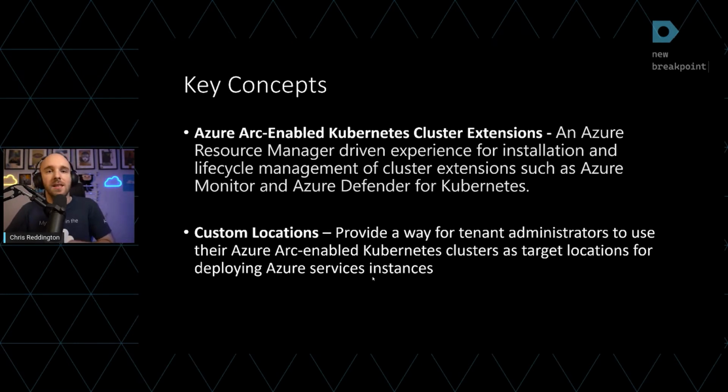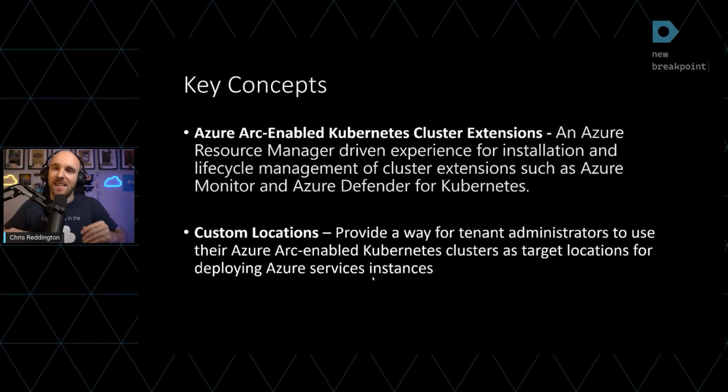That might be things like Azure Monitor, Azure Defender for Kubernetes, or the application services that we're going to be talking about here. So think about app services, think about Event Grid, think about your API management gateways. All of those can be installed as extensions onto that Azure Arc-enabled Kubernetes cluster.